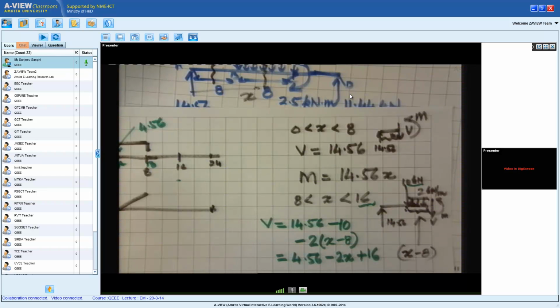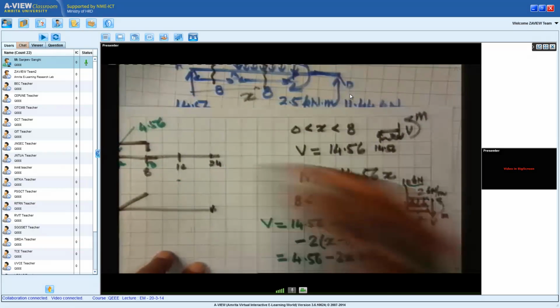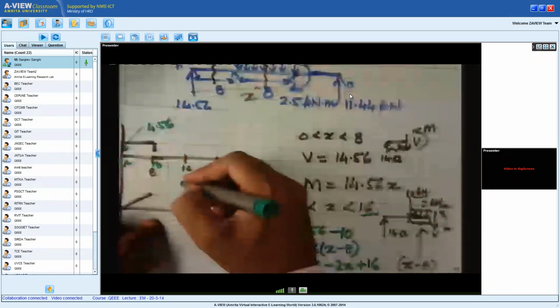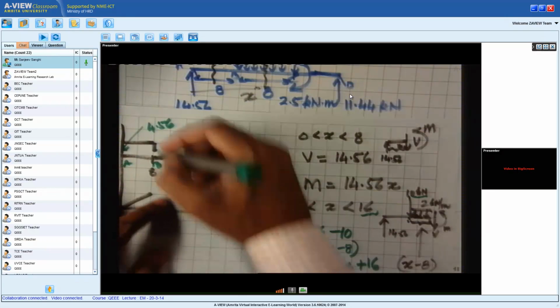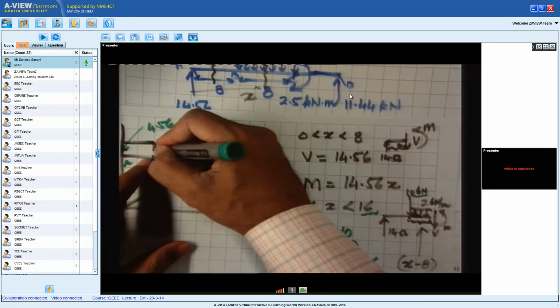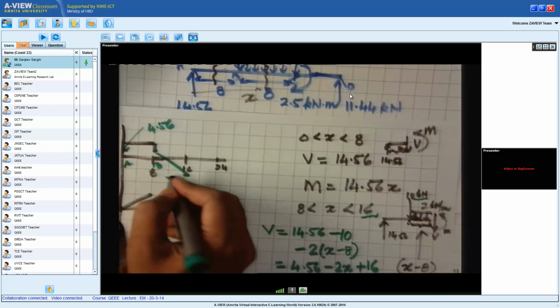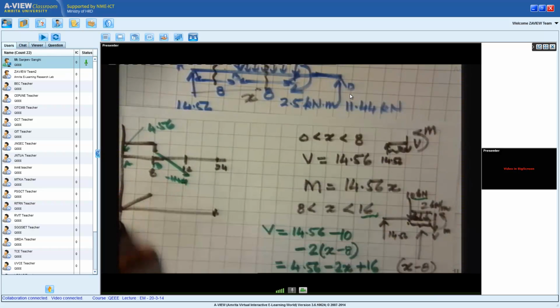I don't know if I have worked out this number or not. When you put x is equal to 16, this number will come out to be minus 11.44. So from here we draw a straight line and this number will turn out to be minus 11.44.